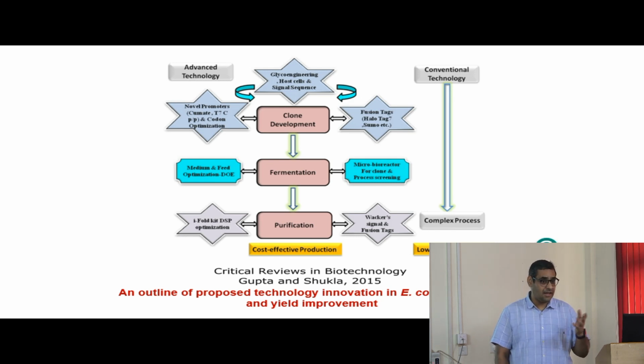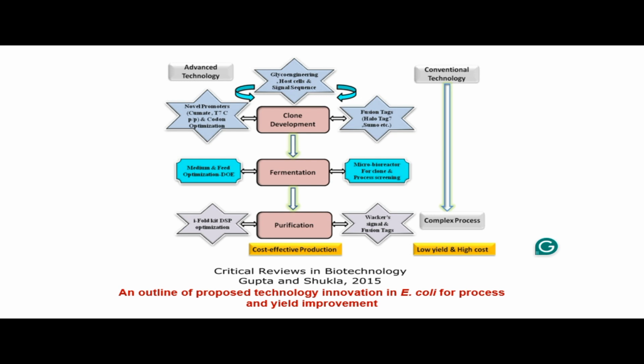Those who work in animal cell technology know that. You use different tanks. If you do these innovations with advanced technology, you get cost effective production as well as high yield. If the cost is high, it can be reduced at a subsequent step with better clones.